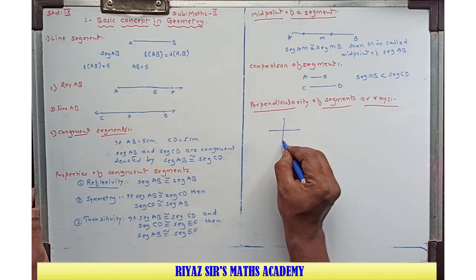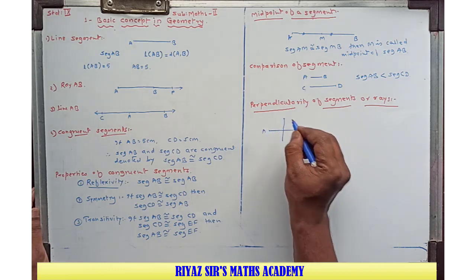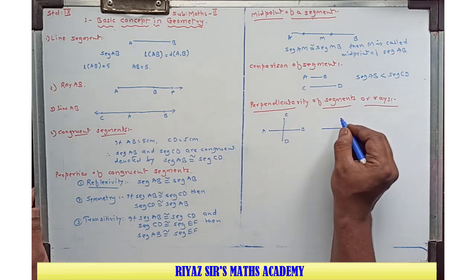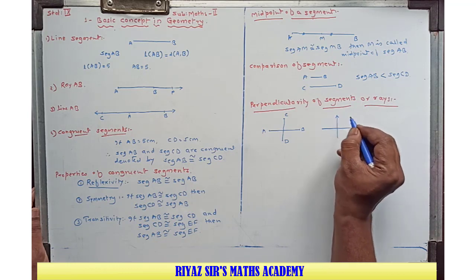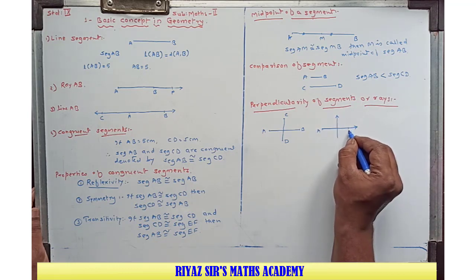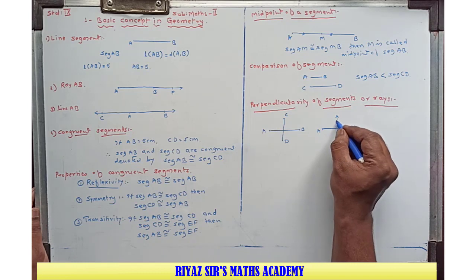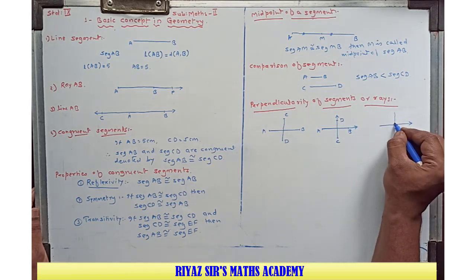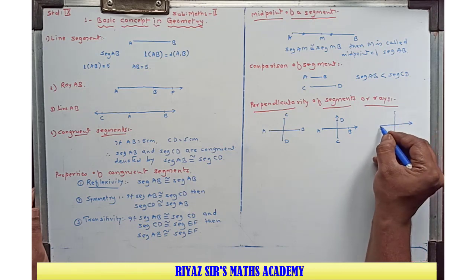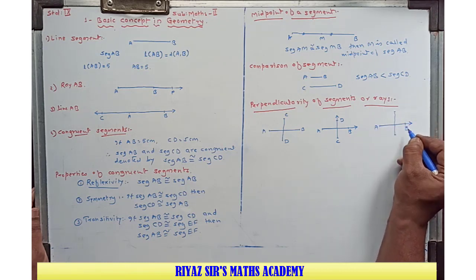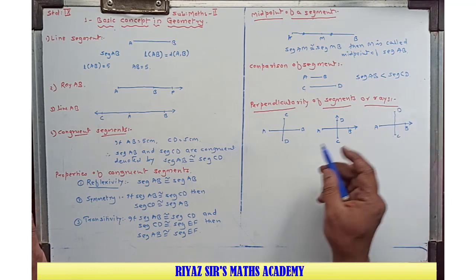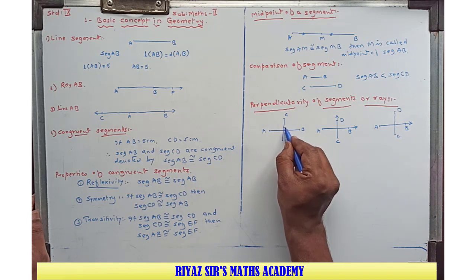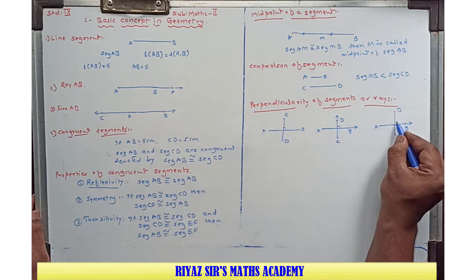Here two segments are there, segment AB and segment CD. Then two rays are there: this is ray AB and this is ray CD. And one ray and one segment: this is ray AB and this is segment CD. They are said to be perpendicular if the angle between them is a right angle.